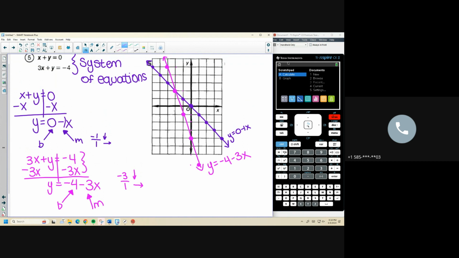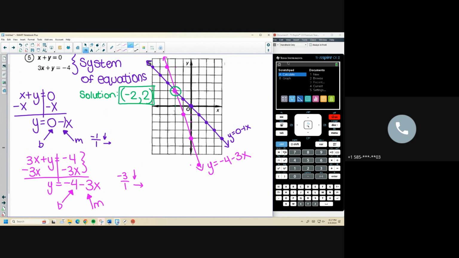So now I've graphed them. What is the solution? Well, the solution to my system of equations is the point of intersection. The point of intersection is -2, 2. So my x value is -2, and my y value is +2. So my solution is -2, 2.